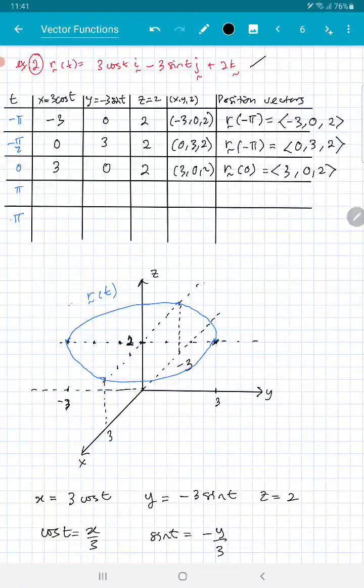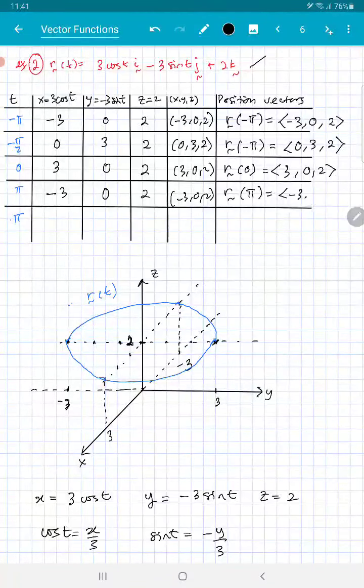And when t is pi, cos pi is negative 1, so that will be negative 3, and sine pi is 0. Z is always 2. So we have negative 3, 0, 2.